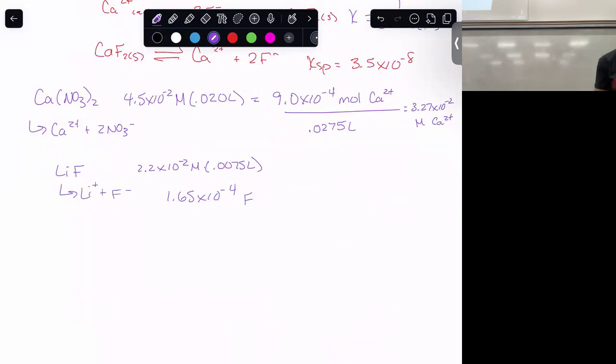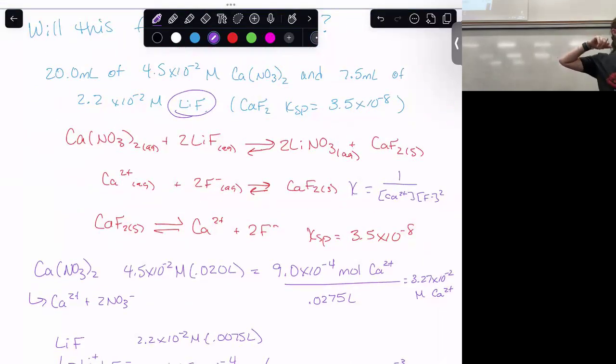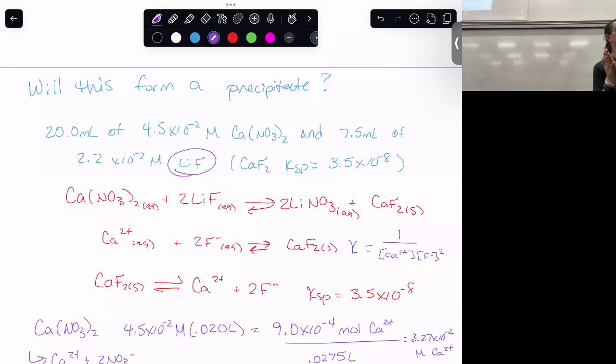So we have 1.65 times 10 to the negative 4, and this will divide by 0.0275. So you get 6.0 times 10 to the negative 3 molar fluorine. Even though it requires 2 for the reaction, we're not gaining 2 by mixing them. We only have how much we started with, and how much we started with is based off of the singular lithium fluoride that was given to us in that solution.